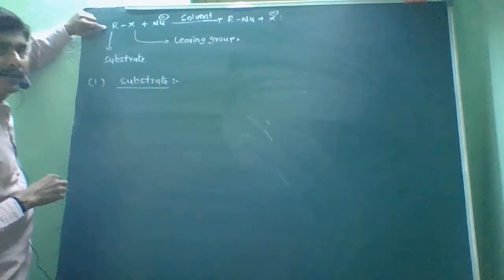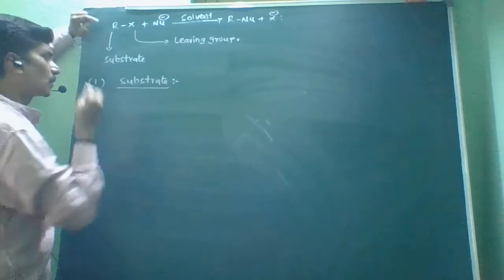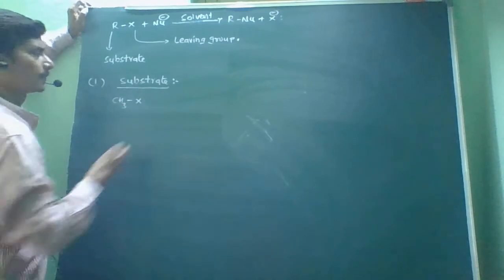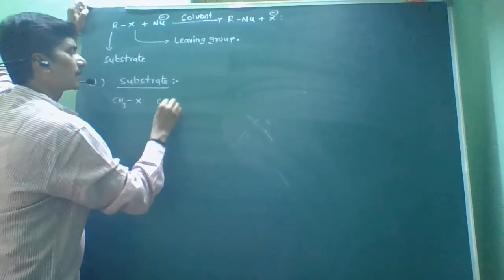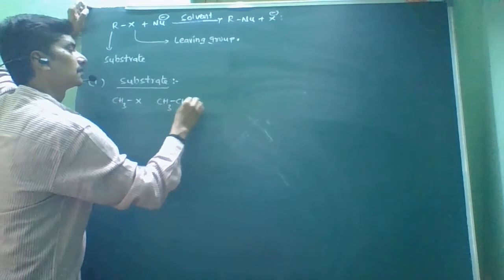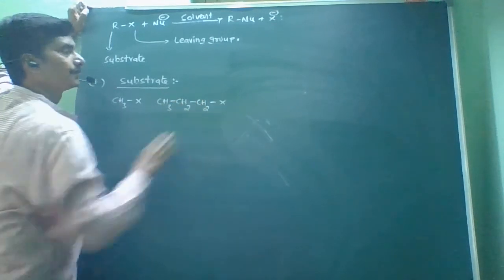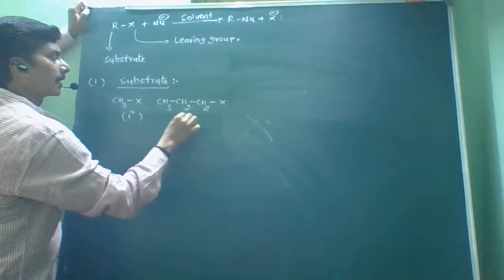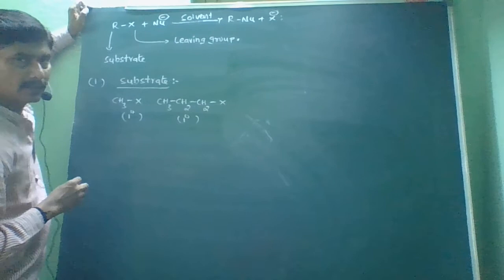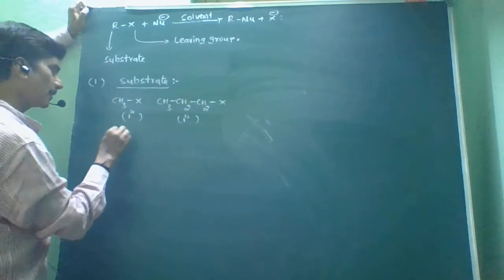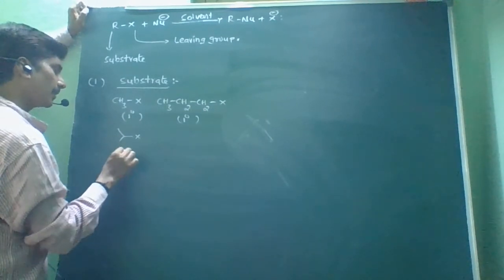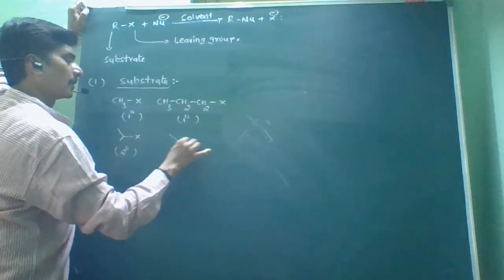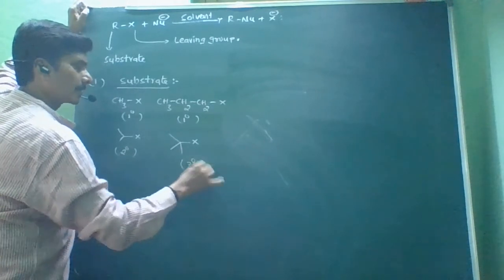substrate, meaning an alkyl group. The alkyl group may be one carbon atom or more than one carbon. These are 1-degree alkyl halides or primary alkyl halides. Similarly, it may be a 2-degree alkyl halide, or a 3-degree alkyl halide.